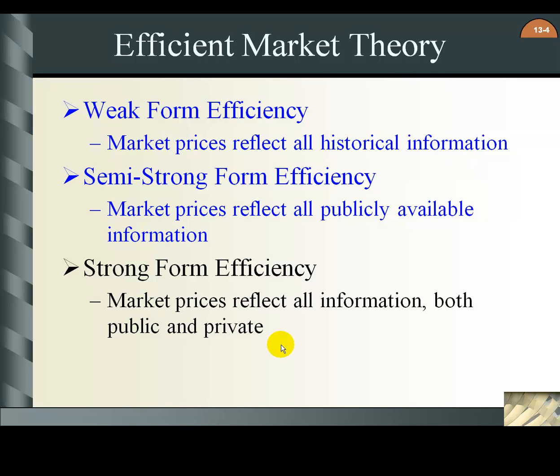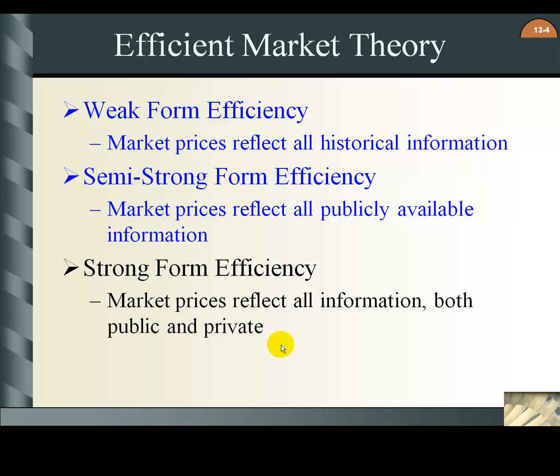If the market were strongly efficient, then even this information, which is not available to the public, should be included in the stock price. But we know that in reality there is some private information that is not reflected in the stock price, and this is why there is a law against insider trading. You cannot take advantage of insider information, because insider information is helpful in predicting stock returns.